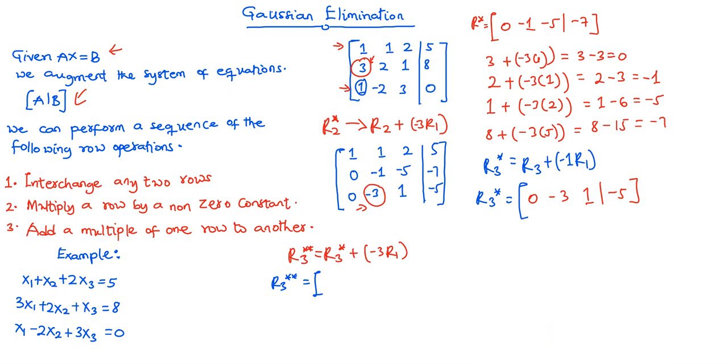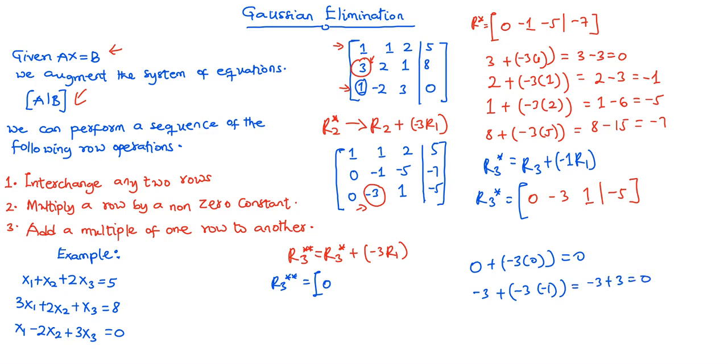So for the first entry, you're going to have 0 plus minus 3 multiplying 0, which will give us 0. So we have 0 here. And then the second one, we're going to have minus 3 plus minus 3 multiplying minus 1. That will give us a value of minus 3 plus 3.